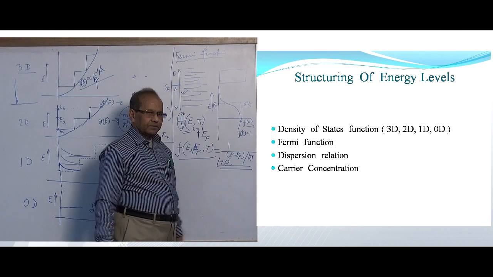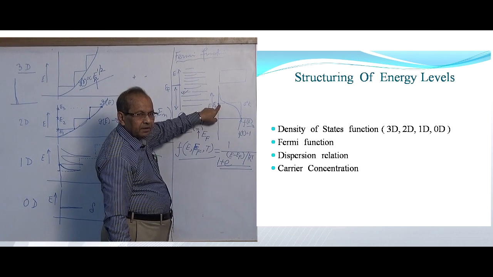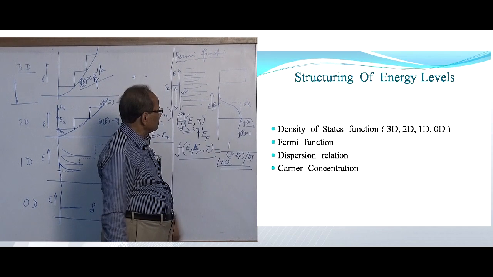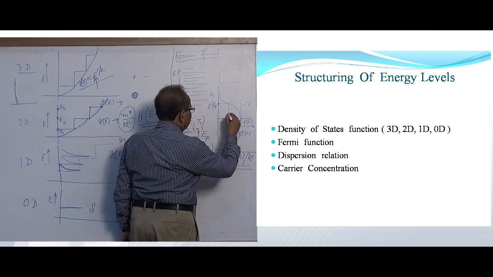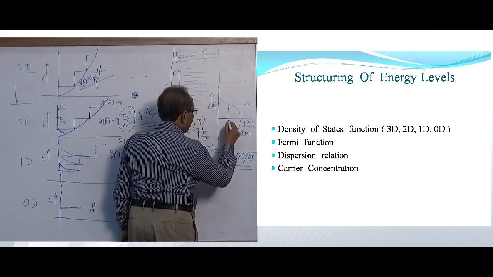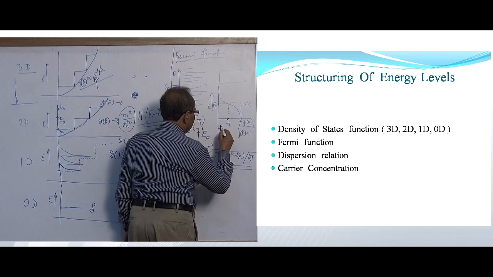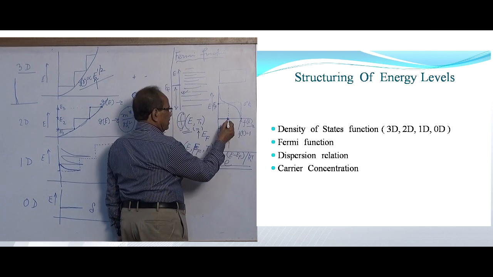What is the difference? At Fermi, which we defined at 0 degree Kelvin like this, 100% chance, at Fermi the chance comes down, this is the chance, and this is half, Fe equal to half. This is F equal to 1, just middle.